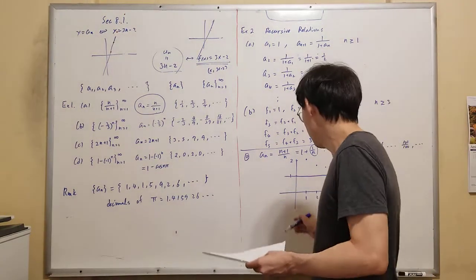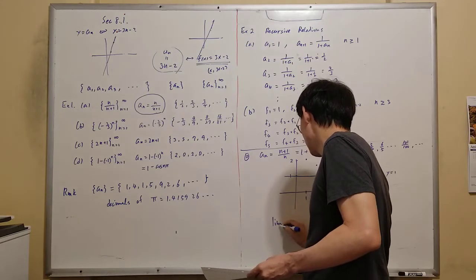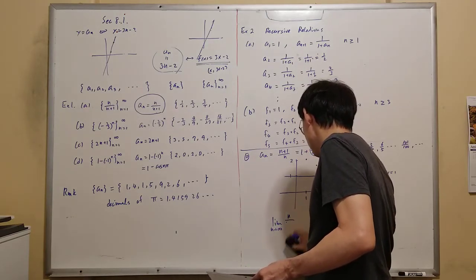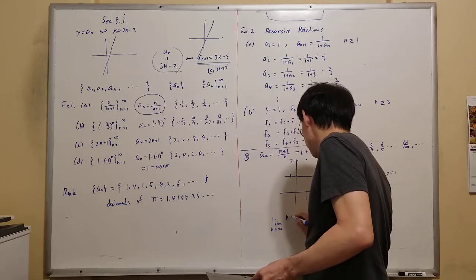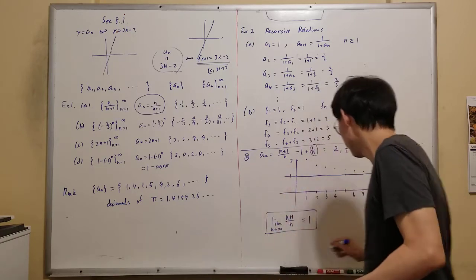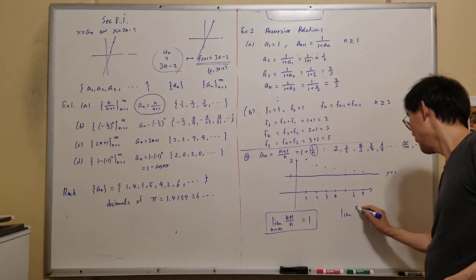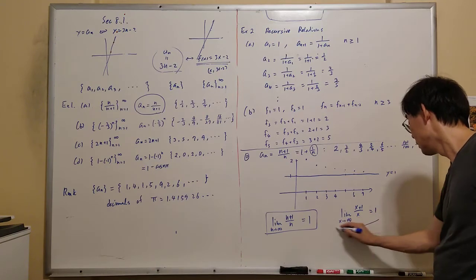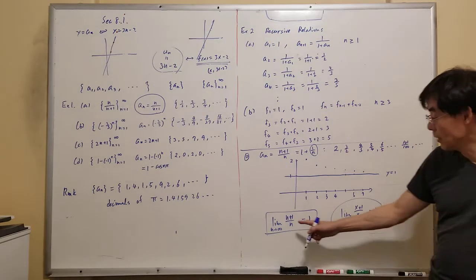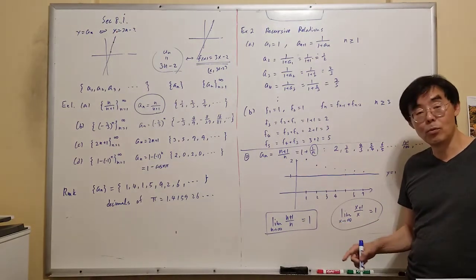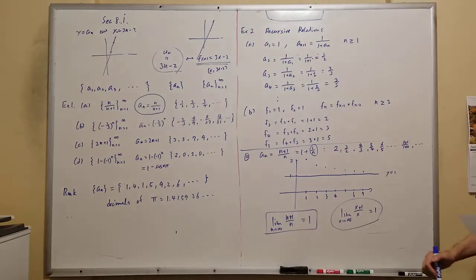So in that case we write the limit of this sequence, n plus 1 over n, equals 1. Just like the limit of x plus 1 over x as x goes to infinity equals 1. As n gets larger and larger, this is indefinitely getting close to 1. Okay?